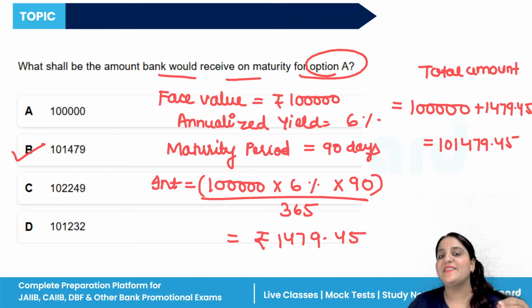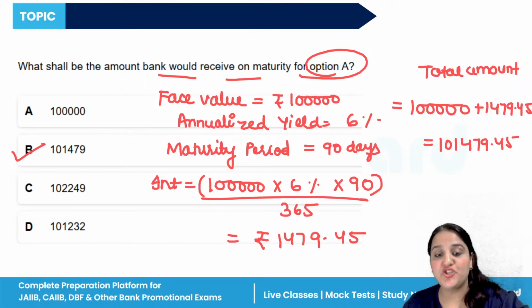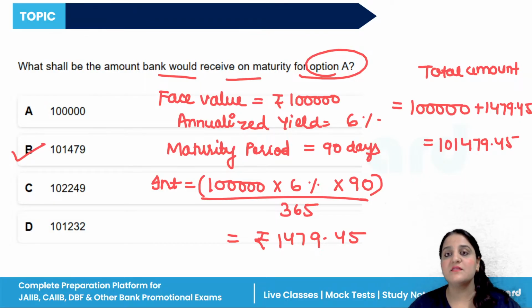We have to take the interest: 1 lakh is the face value, multiplied by yield, then maturity days, and this is divided by 365, and then this interest is there. We have to add it to get the total amount. So the answer is what the bank would receive on maturity.